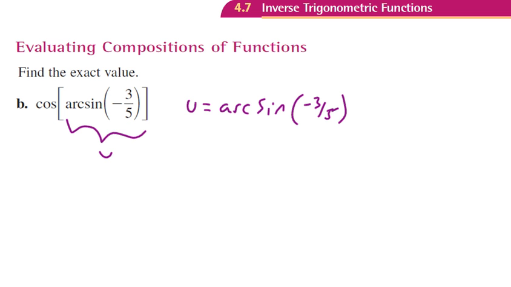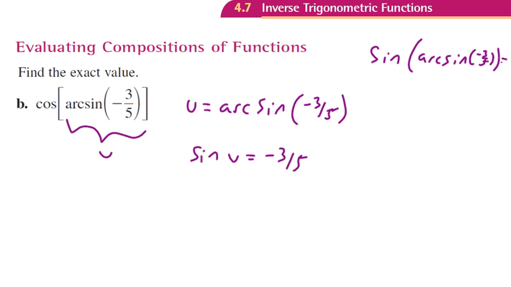It follows that the sine of u is just -3/5, because arc sine of -3/5 falls within the domain of -1 to 1, so the sine and the arc sine cancel out, and I just get -3/5.